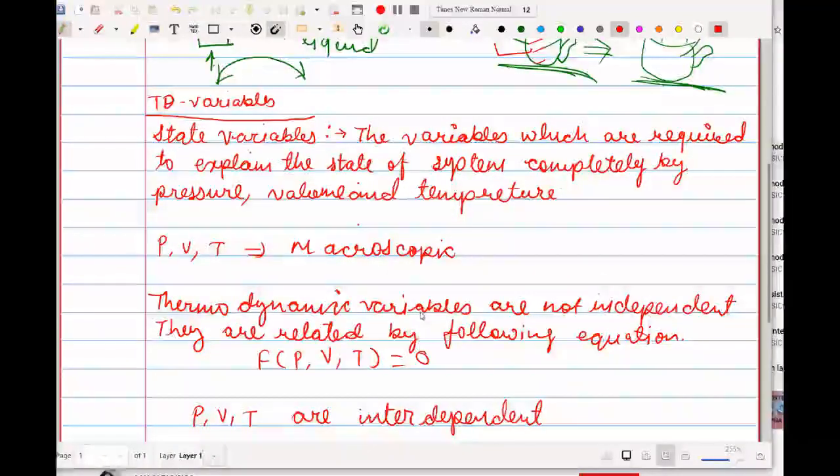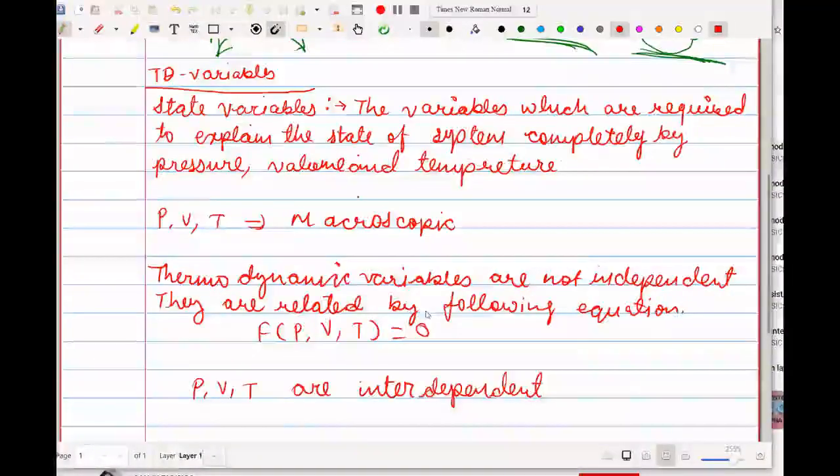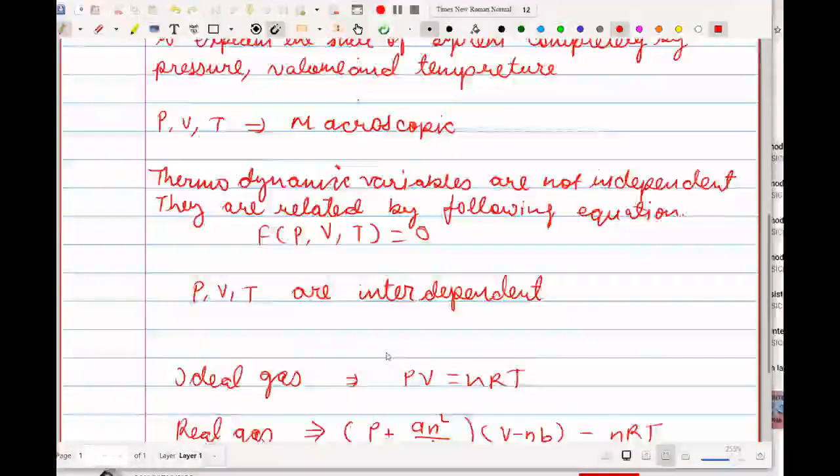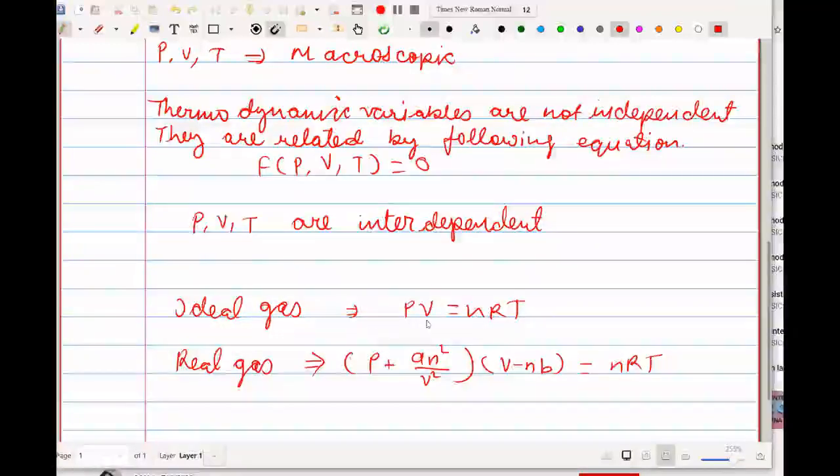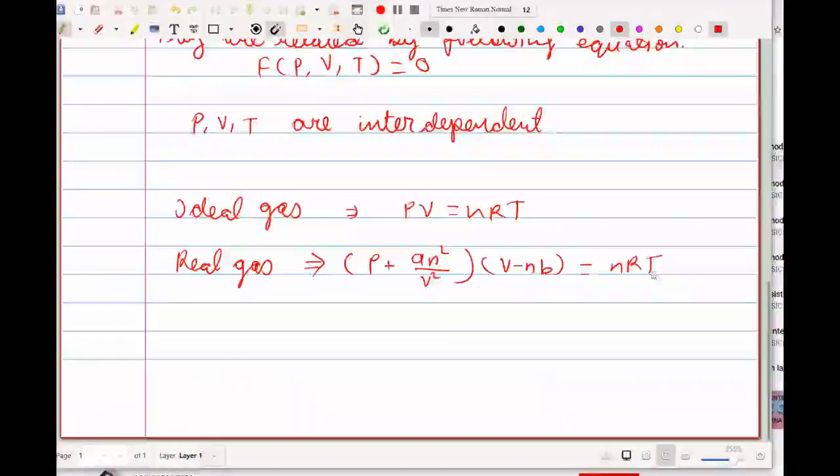They are interdependent, interrelated to each other. So we have these equations where they are related to each other. So in the equation of state, in case of ideal gas, PV is equal to nRT, and in case of real gas, this one is the equation.